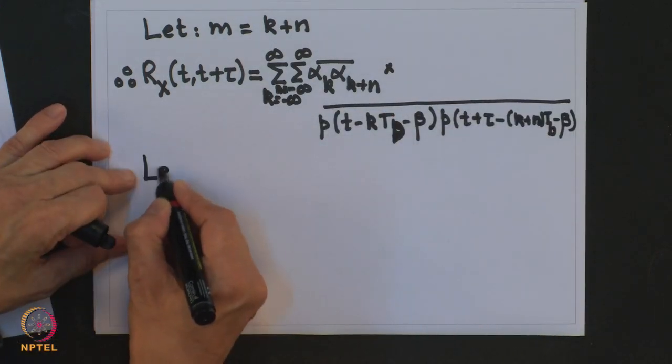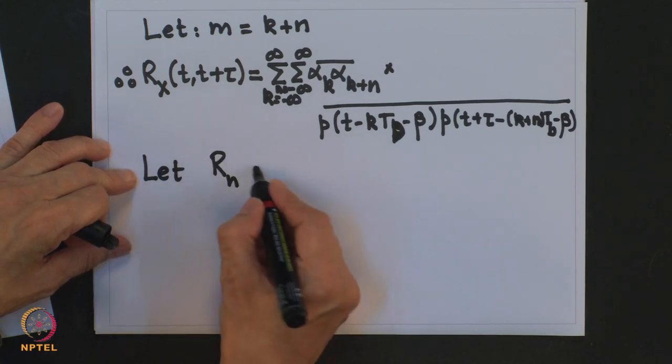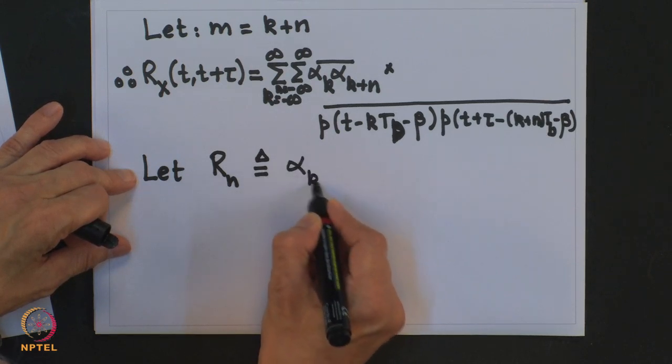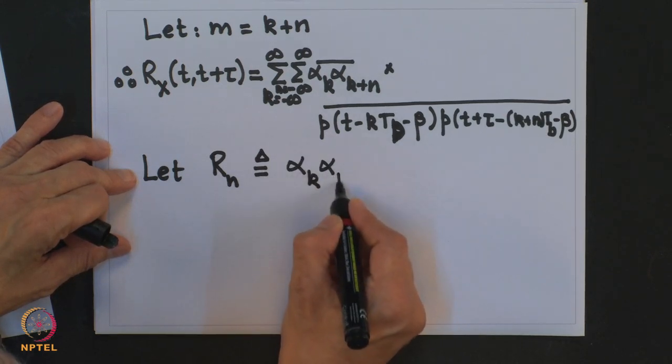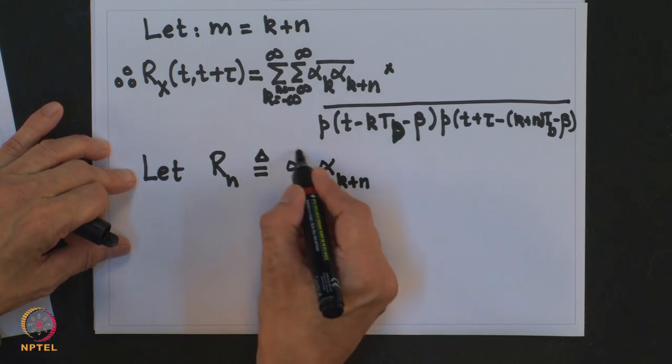Now, let us define R_n to be expectation of alpha k and alpha k plus n.